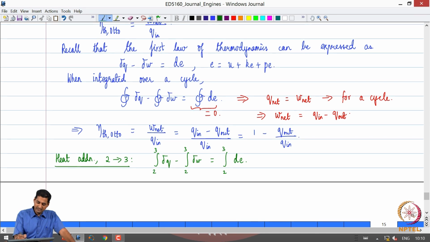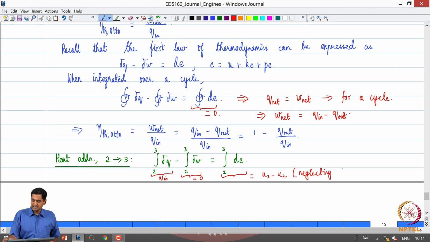This is going to be Q in, this is going to be equal to 0 because the heat addition process takes place at constant volume, okay. Then this I can write as U3 minus U2, neglecting changes in kinetic energy and potential energy, which is a reasonable assumption here, right.